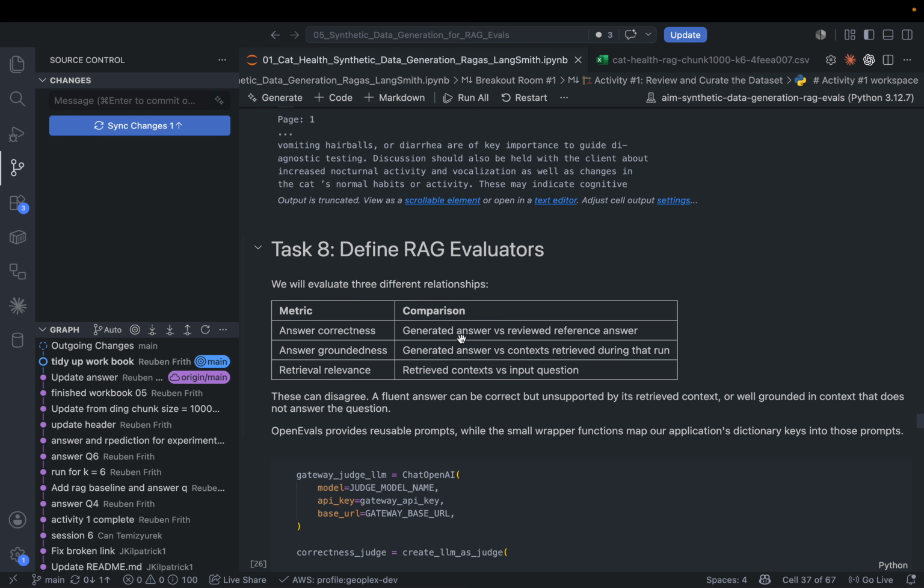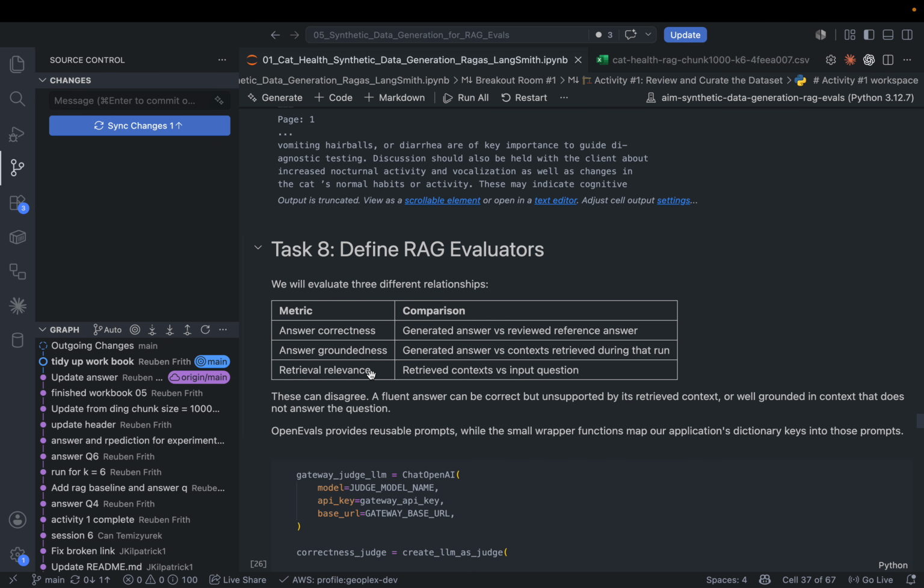So answer correctness, whether the generated answer matches our reference answer, and then answer groundedness, whether the generated answer is grounded in the retrieved context, because in different industries, making sure your LLM isn't deviating or making ungrounded statements or providing misinformation to users is very important.